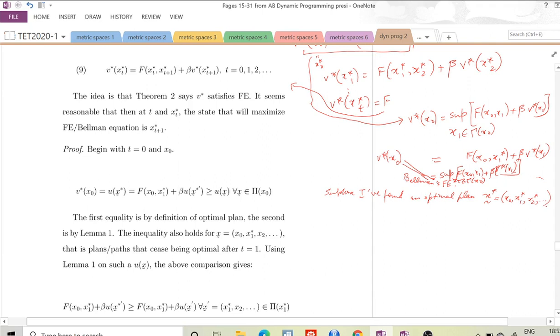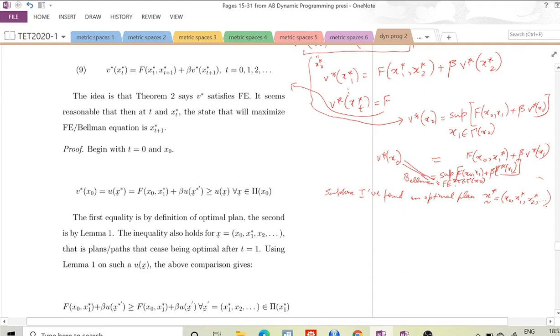And at t equals 0, I choose my next period state to be x star 1. Fine. So I attain this sup.